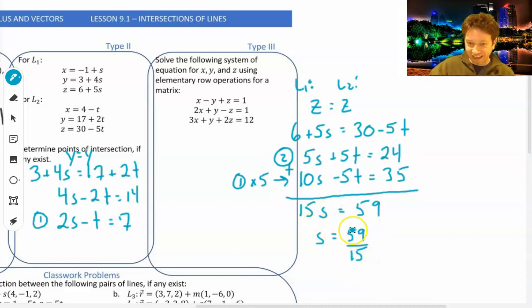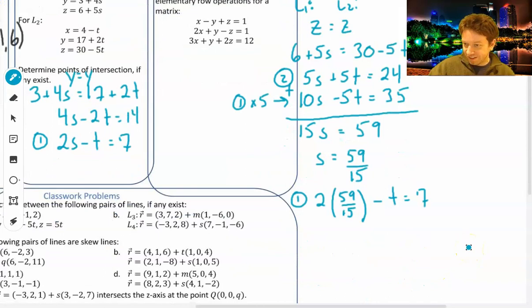And I can take that and substitute it back into equation 1, which is 2s, which is 59 over 15, minus t equals 7. And you guys are good at rearranging equations. You can show that if you rearrange that, you'll get t equal to 13 over 15.